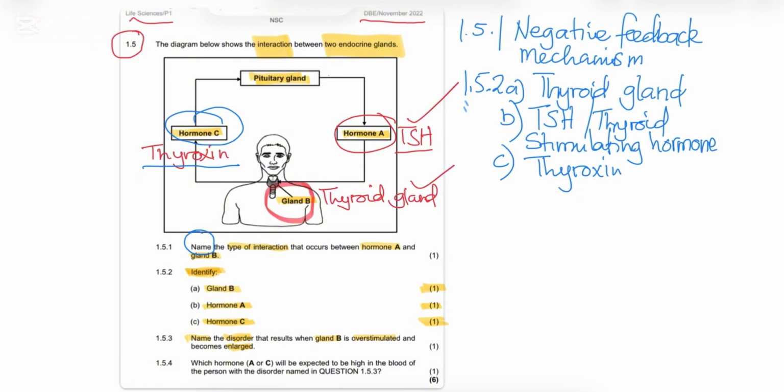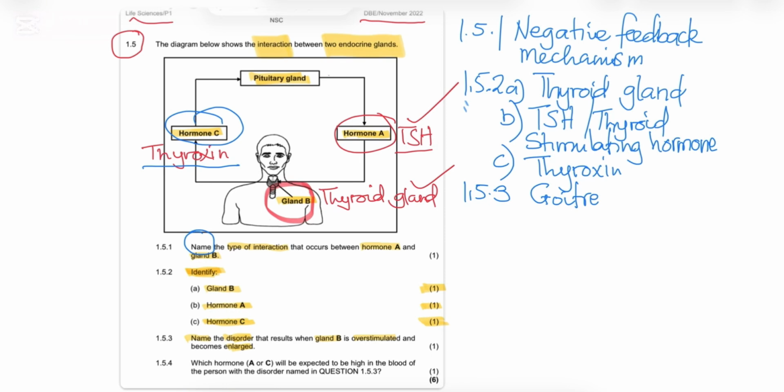So our answer is goiter. So for question 1.5.3, it is asking us to just name, so we're just going to say goiter here. Mind your spellings. Remember, you need to write the correct spellings for you to get the marks.